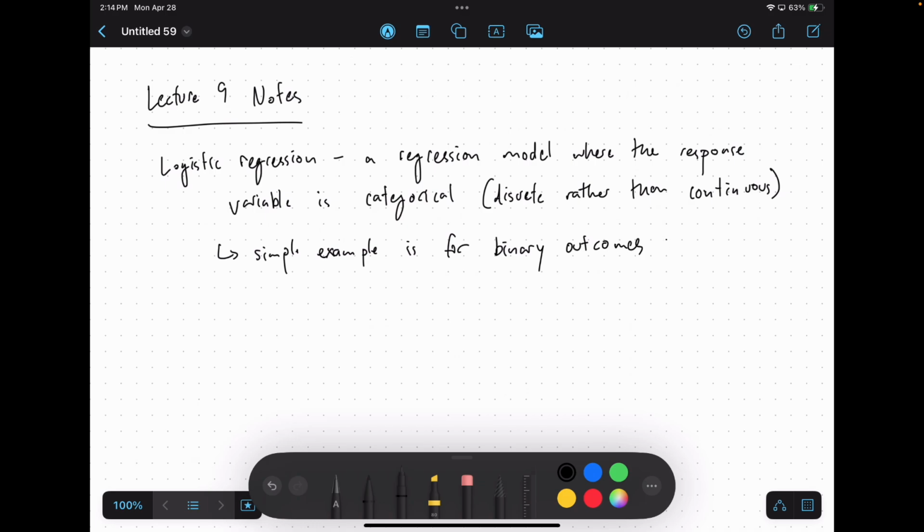But this will extend to multiple outcomes, and we call that form multinomial logistic, which we'll talk about later today.